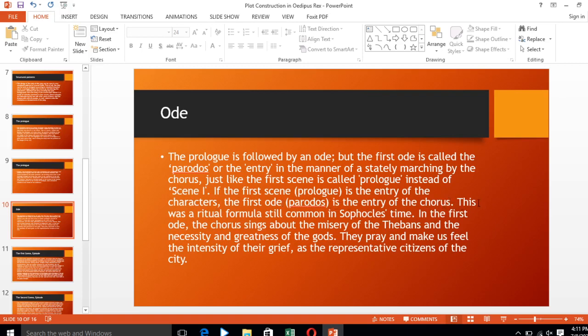This is very simple. This was a ritual formula still common in Sophocles' time. In the first ode, the chorus sighs about the misery of the Thebans and the necessity and greatness of the gods they pray to, and makes us feel the intensity of their grief, as the chorus is the representative of the citizens of the city.